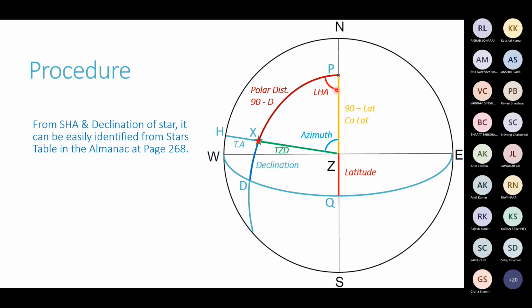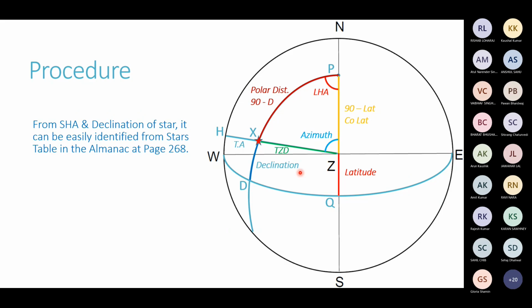It is a dead reckoning position, and there is a possibility of having some errors. Whatever errors are there in the DR position, since we have used our DR latitude and DR longitude in our calculation, the LHA or the SHA and declination of the star which we have calculated may also have some errors.